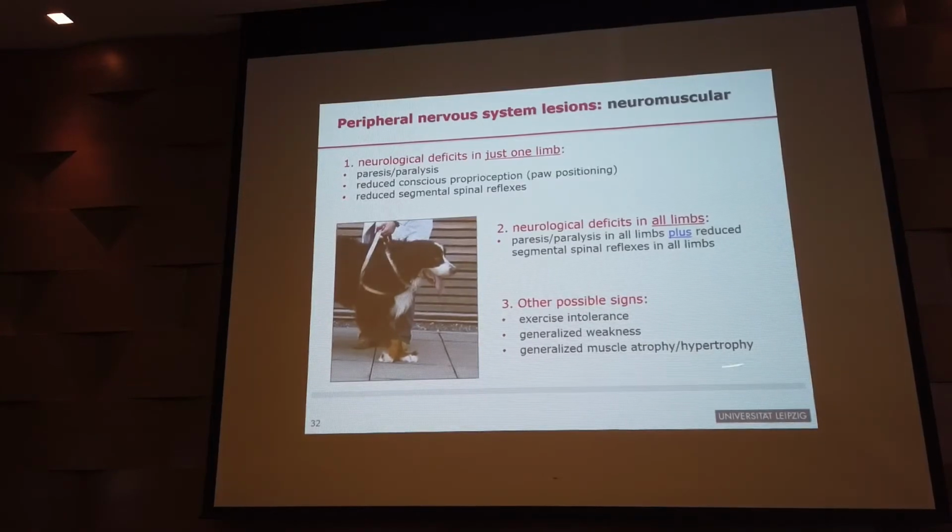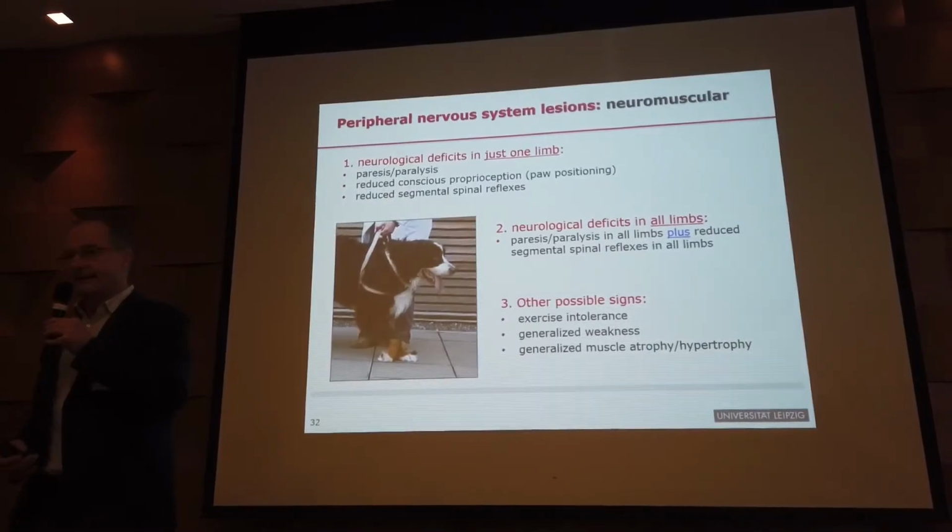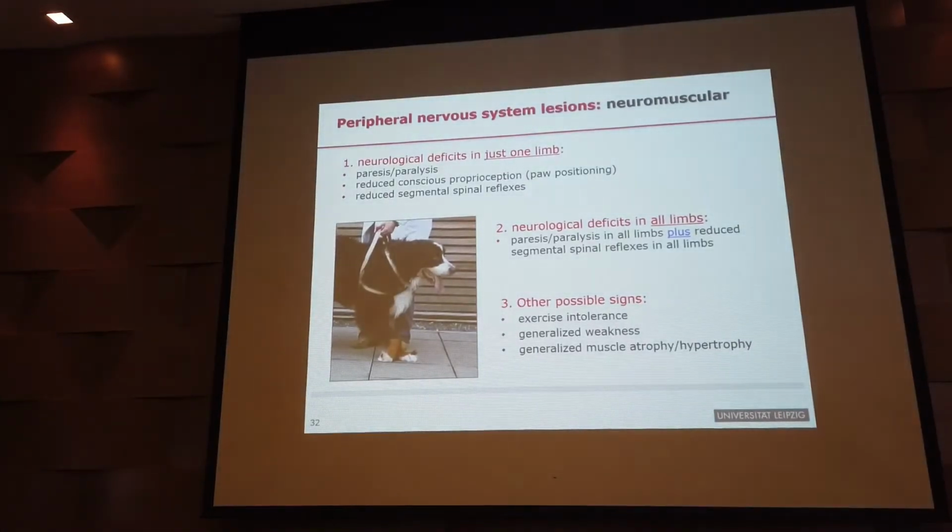Interestingly enough, you can get with peripheral nervous system disease, and I have actually to say, if I say peripheral nervous system disease, we usually include the muscle as well, because it's a functional unit. And if you have generalized muscular disease, sometimes you may actually get hypertrophy, which does not make a whole sense, but it's a case.